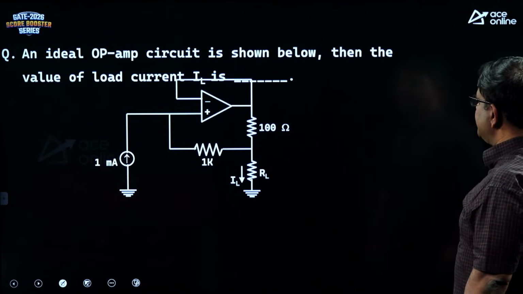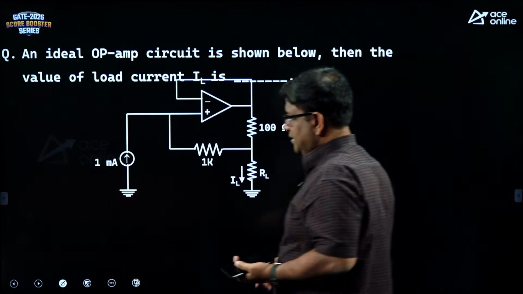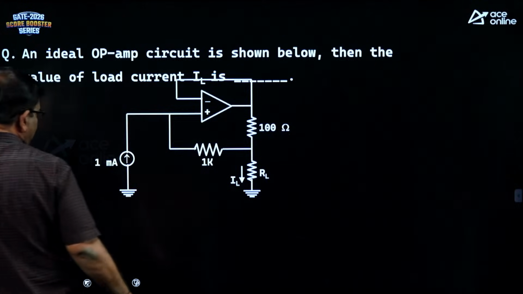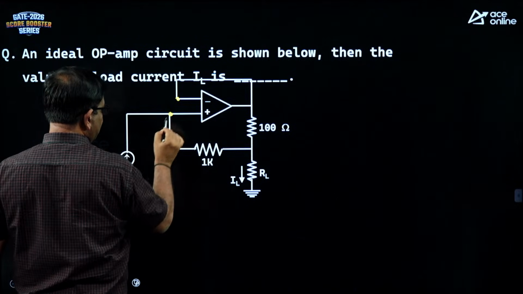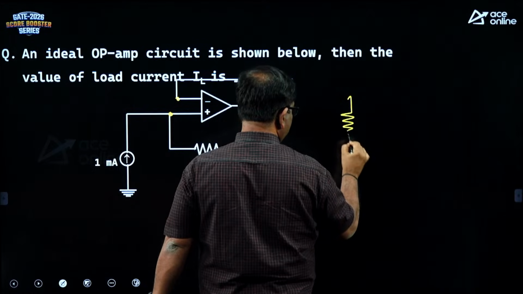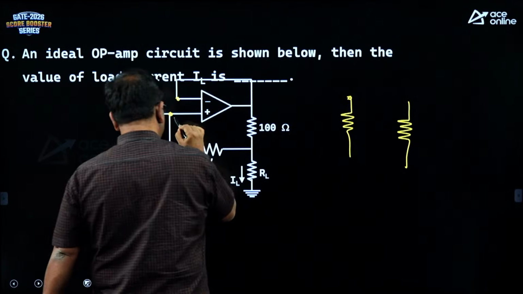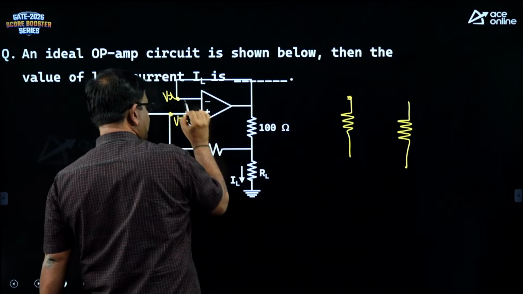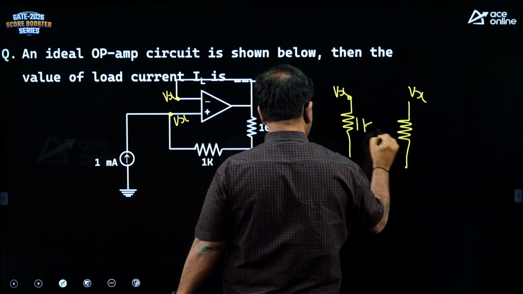An ideal op amp circuit is shown below, then the value of load current is? So how can you calculate the value of load current? An op amp tries to keep these two voltages same. So imagine I have two resistors. Suppose this node is Vx, then this node is also Vx. So you have 1K and 100.